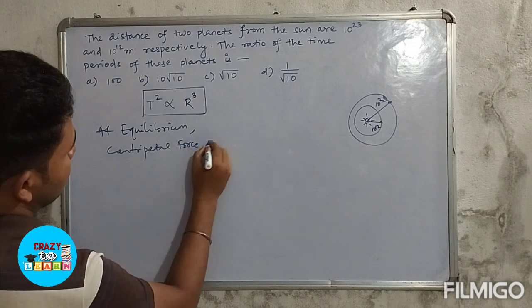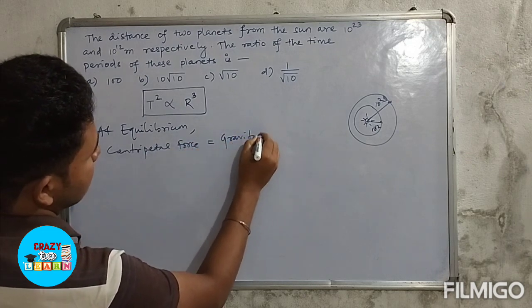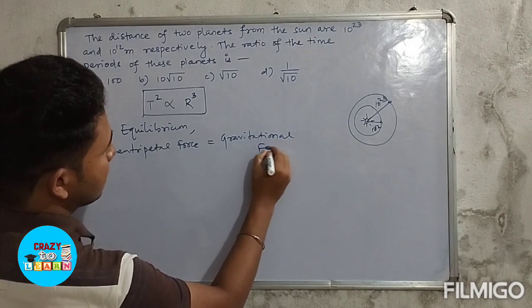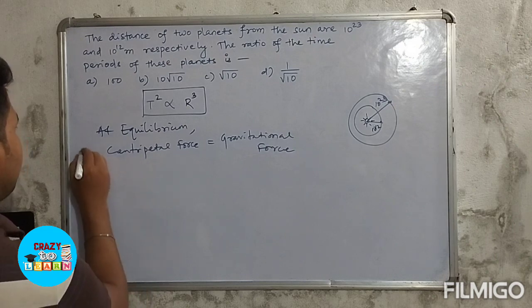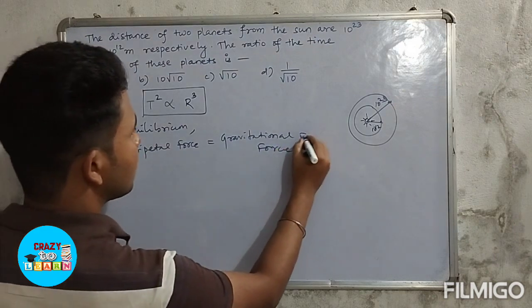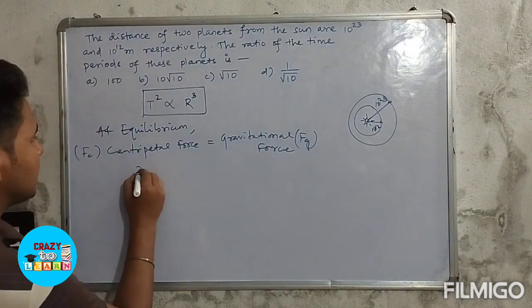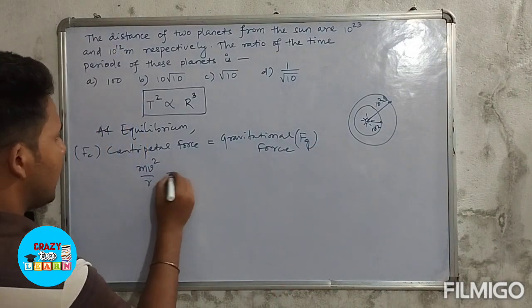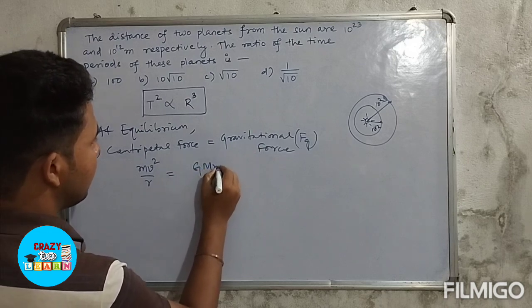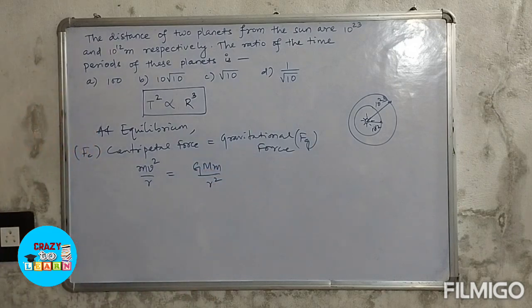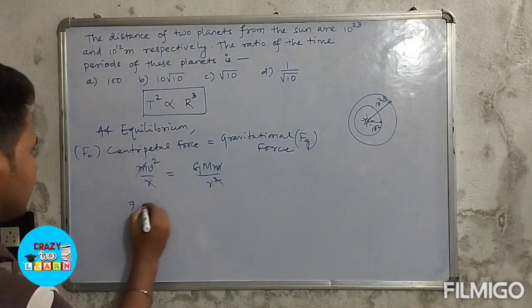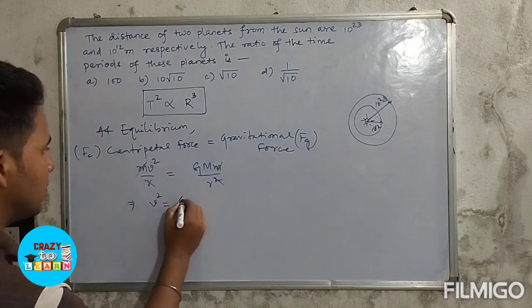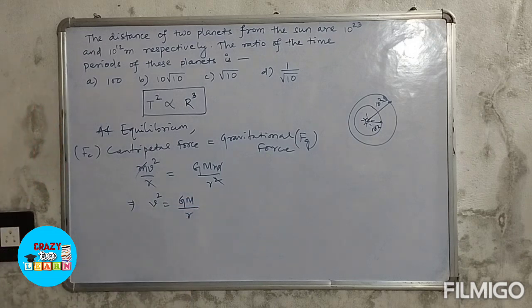The centripetal force Fc is m v square by r, and the gravitational force Fg is capital G M m by r square. If you cancel r and m from both sides, you get v square is equal to capital G M by r.